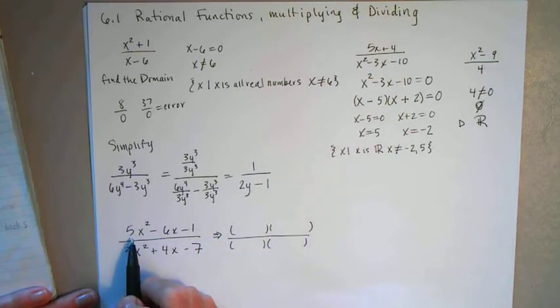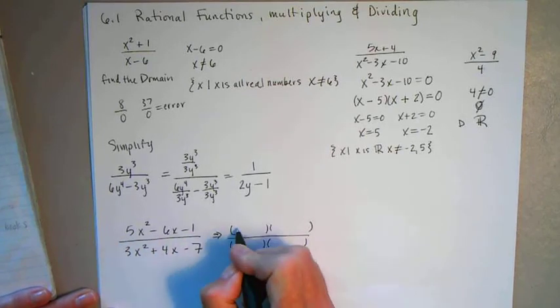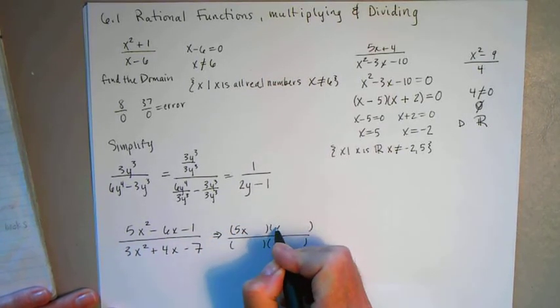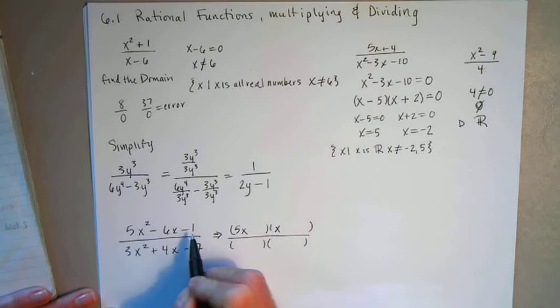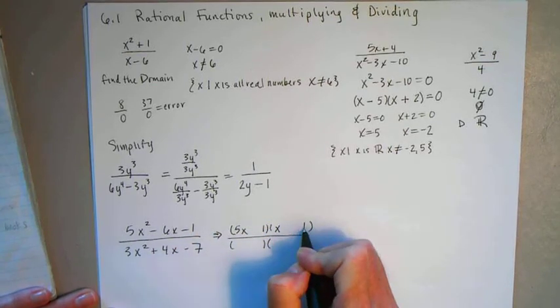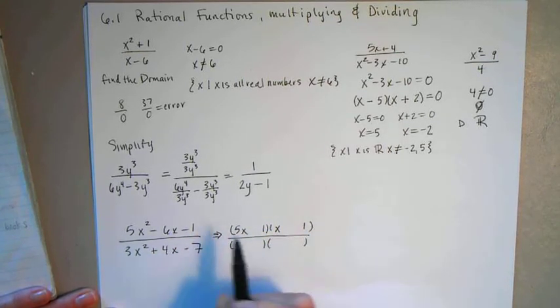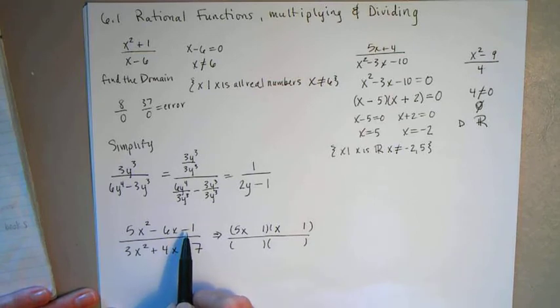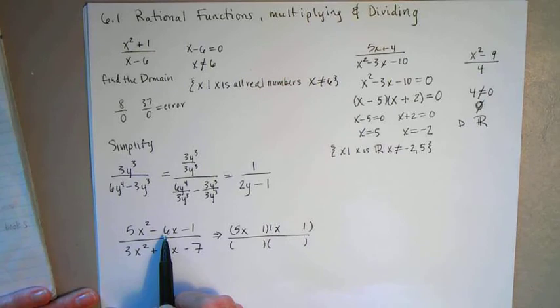I know that the only thing that will be 5x is 5x times x, and I know the only thing that will be 1 is 1 and 1. But what I have to be careful about is my sign. I know that 1 is positive, negative 6x, you know what?